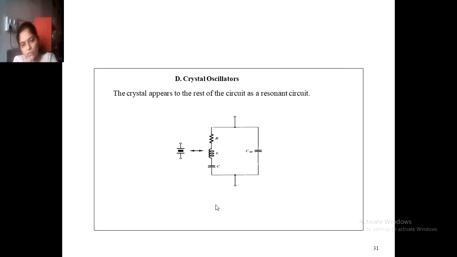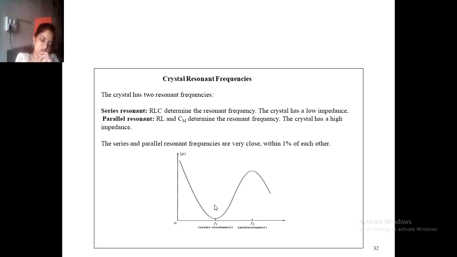So we have covered the crystal oscillator. In the crystal oscillator, we saw series resonance and parallel resonance, and how the impedance is low and high.